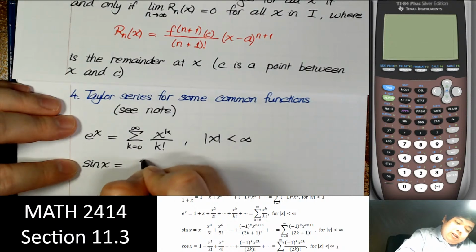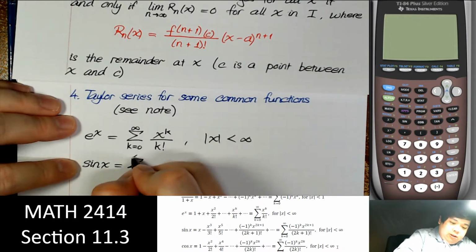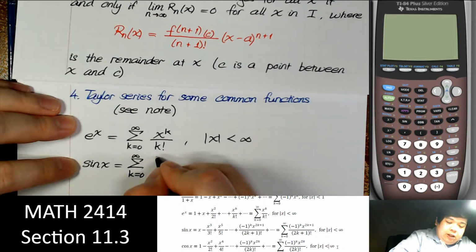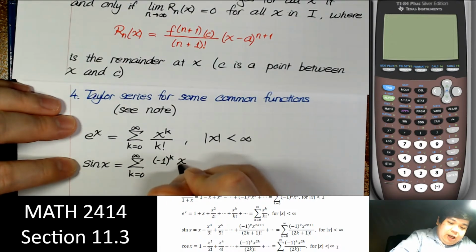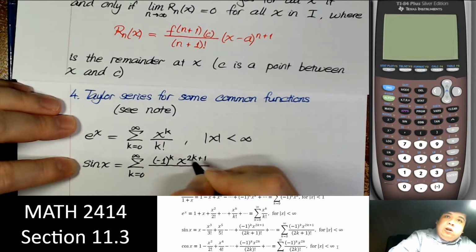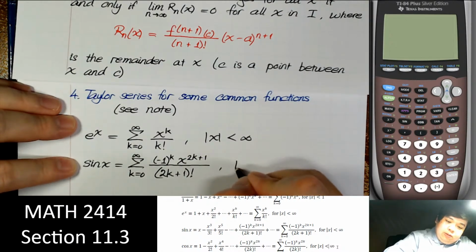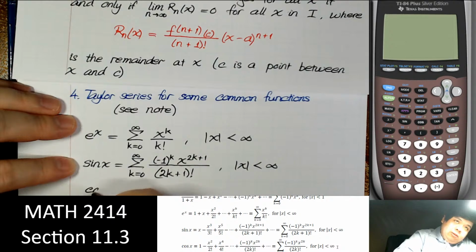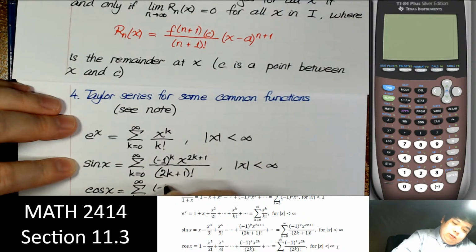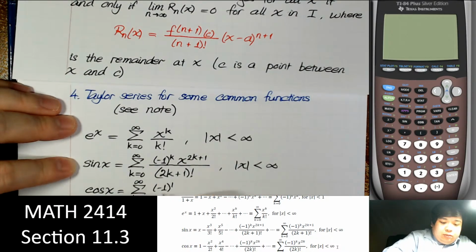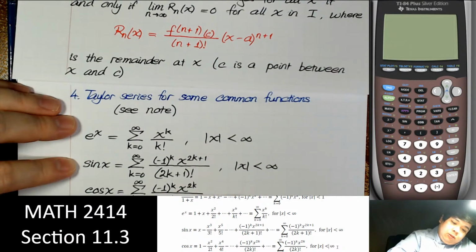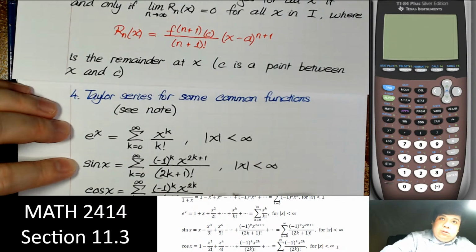Sine of x is the sum of -1 to the k x to the 2k plus 1 over 2k plus 1 factorial. And there are more.